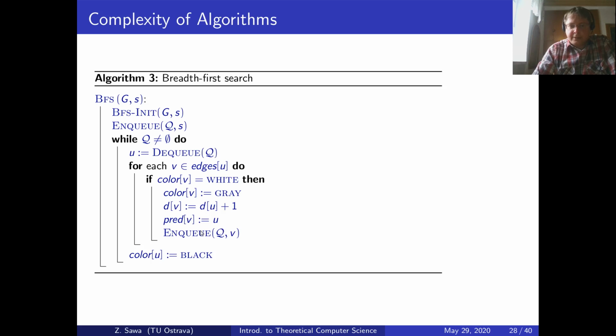And this node v is enqueued into the queue. So we start with the initial node, and we take all edges going out of it, and check if we were not yet in the given node. We mark it gray, set its distance to 1, and put it into the queue. And at the end, after all edges for u were processed, u is colored black.